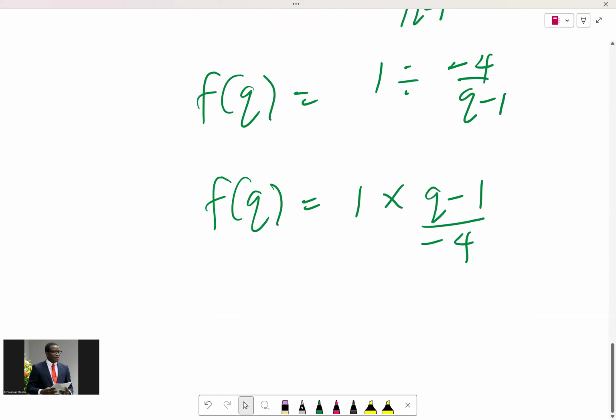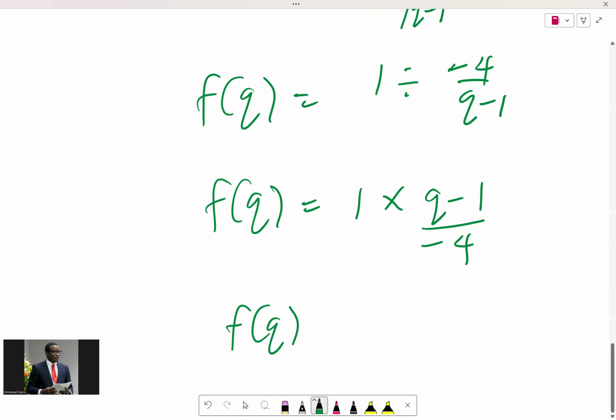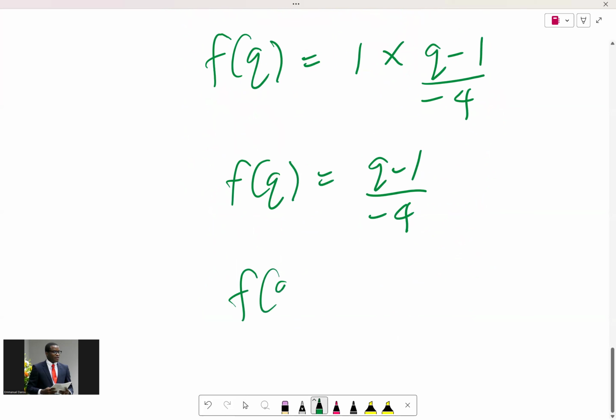So we have f of q equal to (q - 1)/(-4). But we can transform the upper part still. You can factorize minus out: q - 1 is the same thing as minus into (1 - q), all over -4.